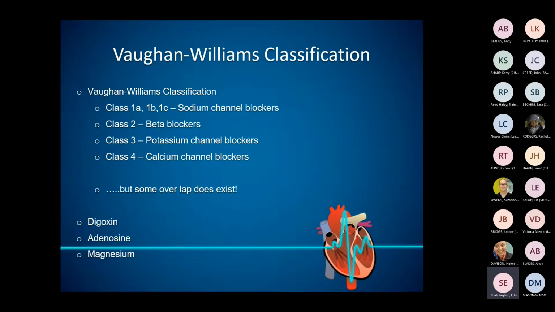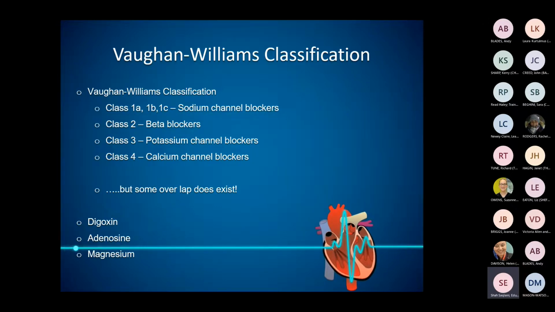A lot more evidence has come through and a lot more clinical use has shown that actually there is overlapping use. But for the purpose of this teaching session and for understanding management of arrhythmias, I think we'll stick with the broad definition and the majority affinity for these drugs and their receptors.